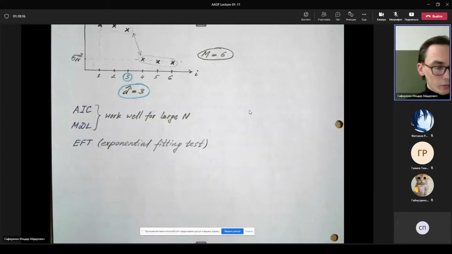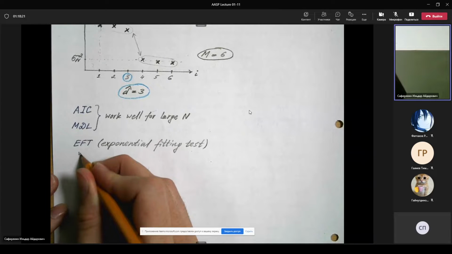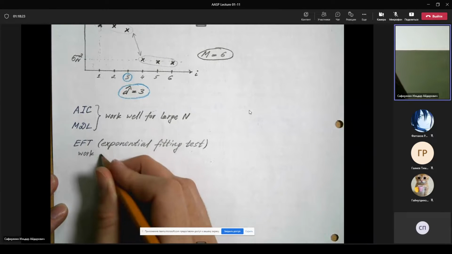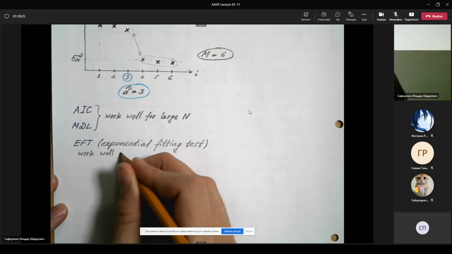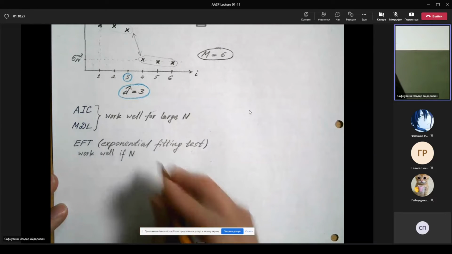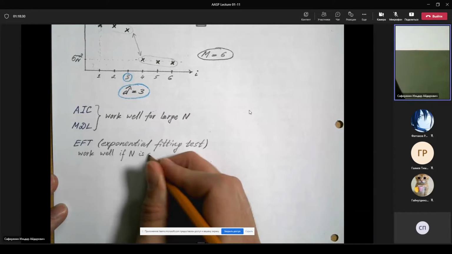And let's add that it works well if N is small, so if the number of time snapshots is small.